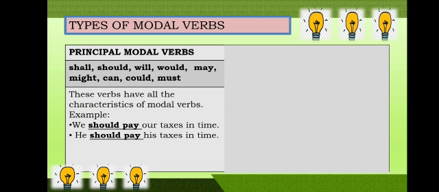For example, we should pay our taxes in time. He should pay his taxes in time. Here, the verb should has not changed its form no matter the subject is singular, that is he, or the subject is plural, that is we.